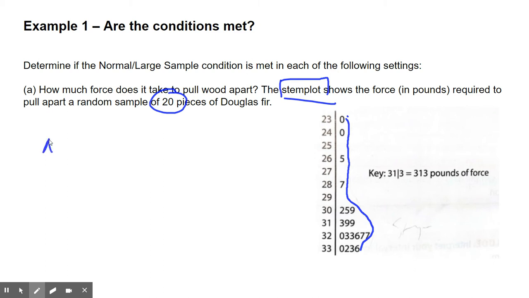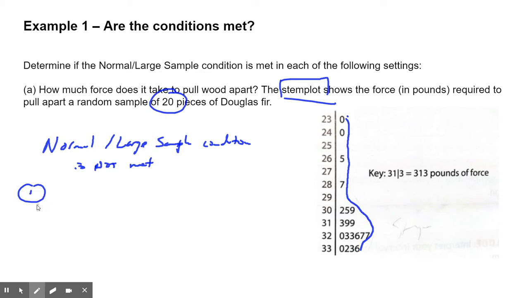So we're going to say normal large sample condition is not met. Number one, the population shape is unknown. Didn't tell if it was normal.